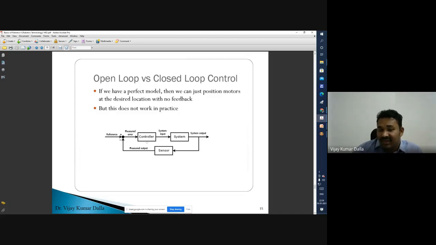Based on the controller, it rectifies whether more torque or less torque is required for the robot. Finally, it controls the system output, meaning the velocity of the end effector. In this way, we can get controlled motion of the robot.